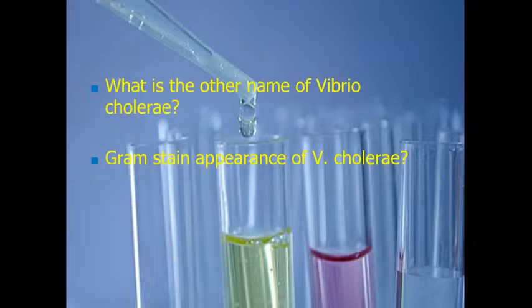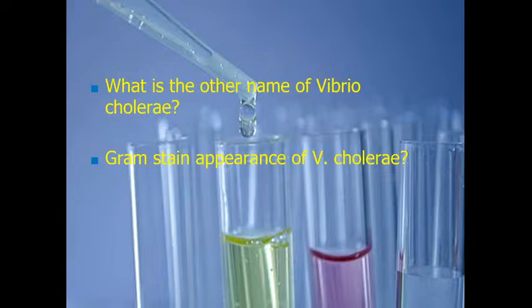Now, what's another name for Vibrio cholerae? Vibrio cholerae is also known as the comma bacillus, and the gram stain morphology is fish in a stream. Traditionally, this is how ancient microbiologists, the non-contemporary version of identifying Vibrio cholerae, did it, through gram stain, of course.